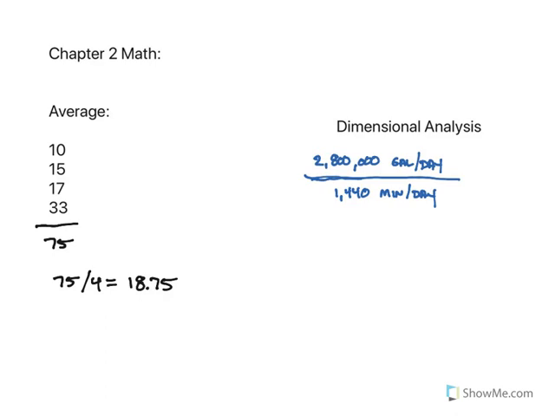So in this example, would this be a way to figure out gallons per minute? So I wanted to do this one for a couple reasons. Obviously to show you the dimensional analysis setup, and also to show you what I'd mentioned in the PowerPoints about dividing fractions. So another way to think about this problem, or another way to write it, would be like this.